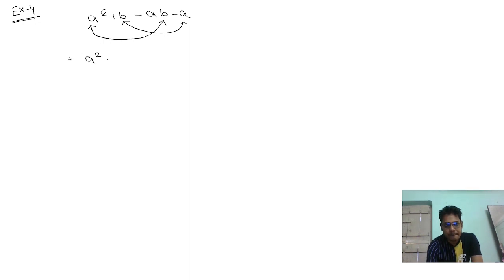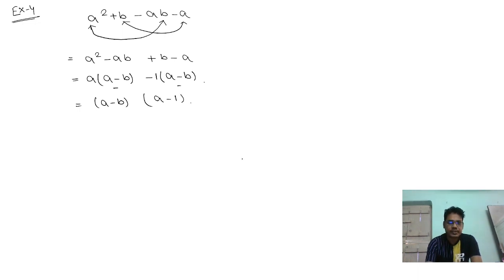So a squared minus ab plus b minus a. From the first two terms you can take a common, so here is a minus b. Now it is b minus a in this form. So to make them equal, if you take minus 1 common, it will also be a minus b. So now we can check that both are a minus b. So take a minus b common, and it will be (a minus b) into (a minus 1). That will be the final answer of this question.